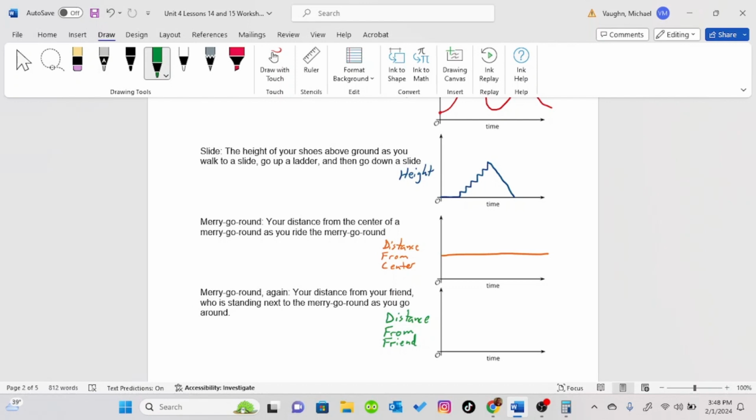And maybe we start out right next to our friend, and as the merry-go-round goes in circles, we're going to get away from our friend and then come back to our friend. And then we go around and away from our friend and we come back to our friend. And this repeats. So these are 4 examples of how you can turn a description of a situation into a graph on a coordinate plane.